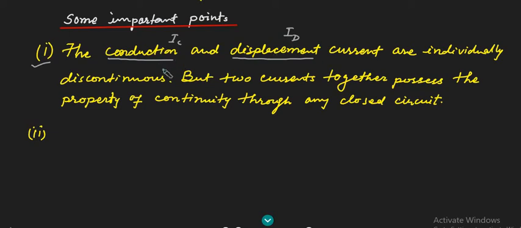Conduction current passes through the wire, and the displacement current between the plates of the capacitor are individually discontinuous, but the two currents together possess the property of continuity through any closed circuit. That means you can see in that diagram, IC plus ID combined together complete the circuit and give the total current I.